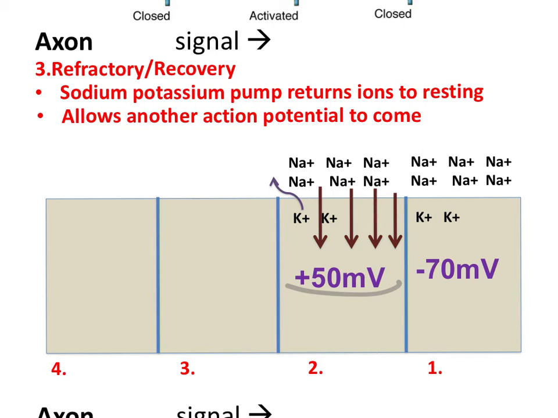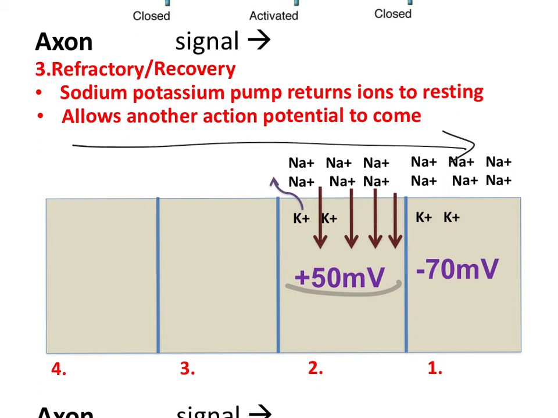If the cell did not recover, it would never be able to send another message again because the message is sent by a flip-flop of charge where sodium rushes in, potassium sneaks out, and that travels the length of the neuron. So when the neuron receives a signal, the first few sodium channels open, and it's a domino line down the axon until the last few sodium channels open.